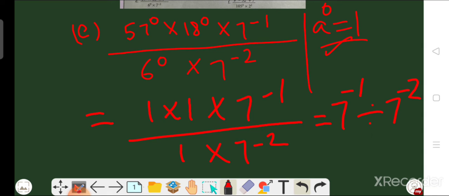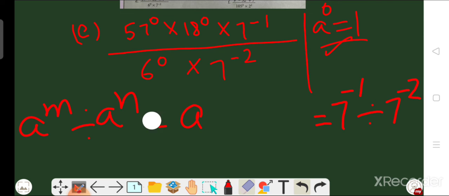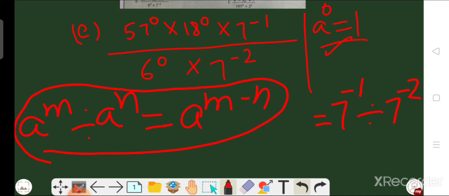And as you know, a raised to the power m divided by a raised to the power n is equal to a raised to the power m minus n. So here we have the same base, and that is 7. So what we have to do is subtract the powers.